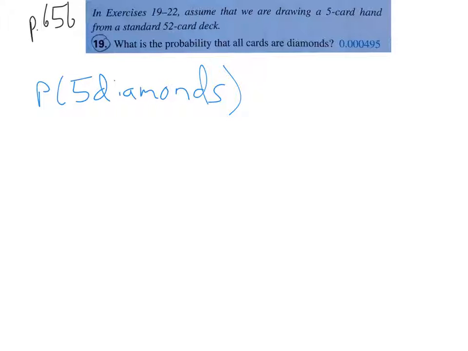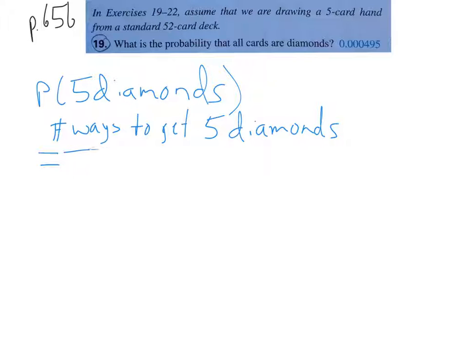Let me write this out for you. So what we're looking for is the number of ways to choose 5 diamonds divided by the number of ways to choose 5 cards.